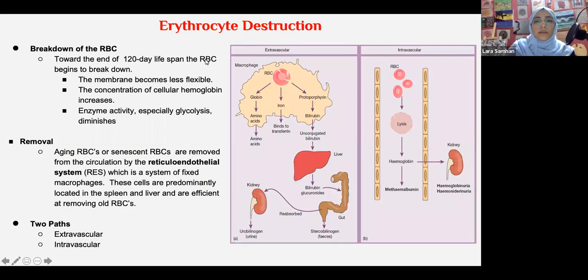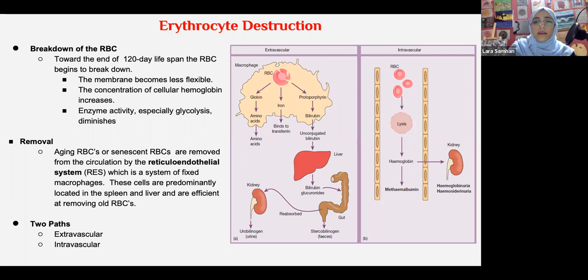So moving on, we have over here the erythrocyte. Now let's talk more about the erythrocyte. Basically, the normal lifespan of the RBC is 120 days. We already know this from basic science. After 120 days, it gets recycled. Once the RBC finishes its 120 days, what changes happen?